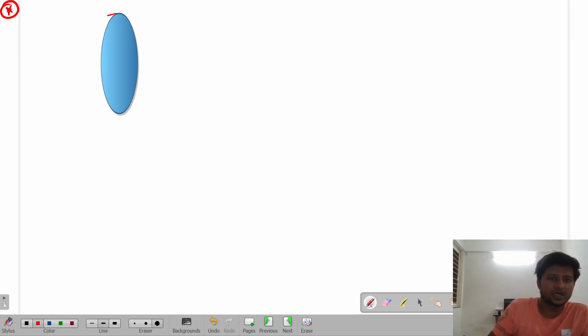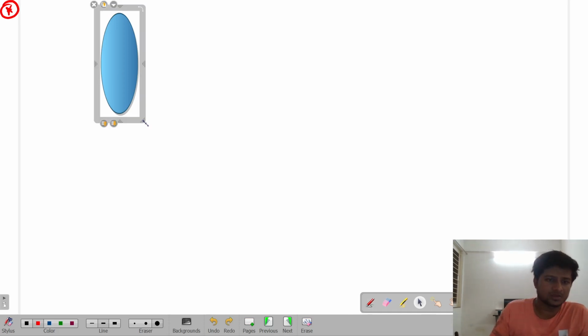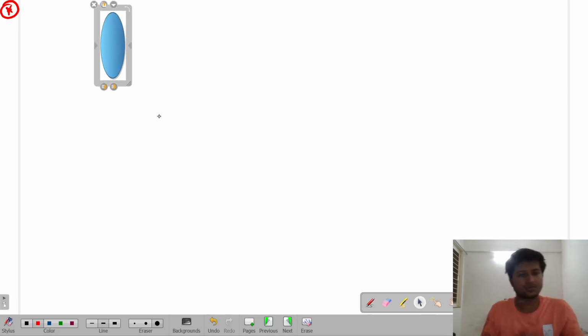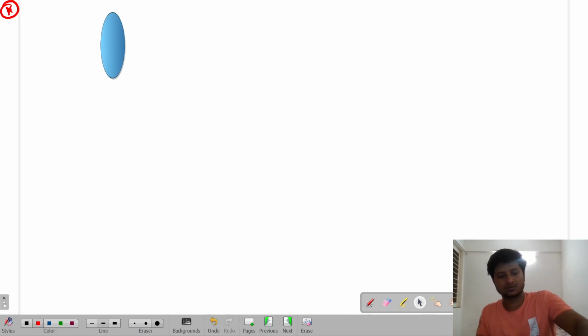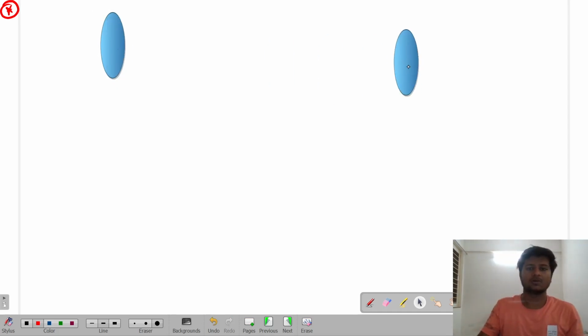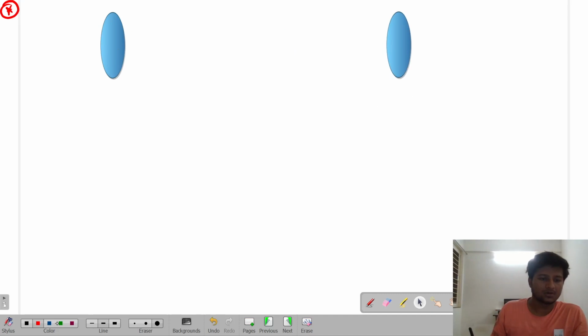So let's suppose I have a hemispherical ball like this. I have a hemispherical ball, and you can draw any shape.